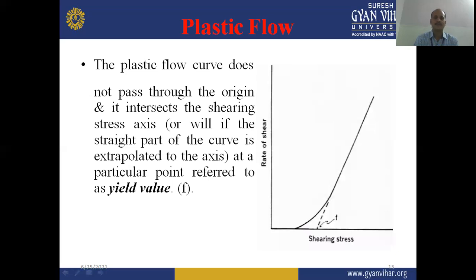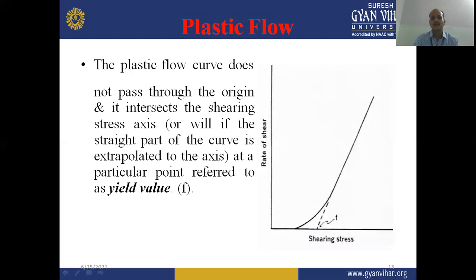Plastic flow is the very simple type of non-Newtonian flow. When we plot a rheogram between the rate of shear and shearing stress, we cannot obtain a linear line. The characteristic feature of plastic flow is that the curve or rheogram does not pass through the origin. It intersects the shearing stress axis if the straight part of the curve is extrapolated to the axis.